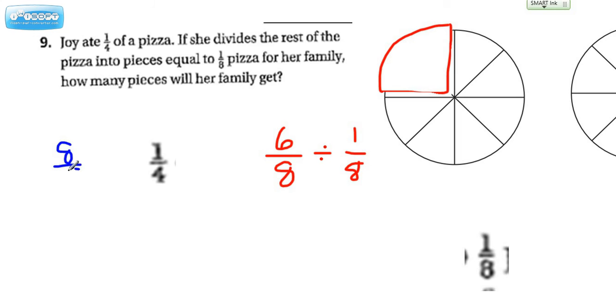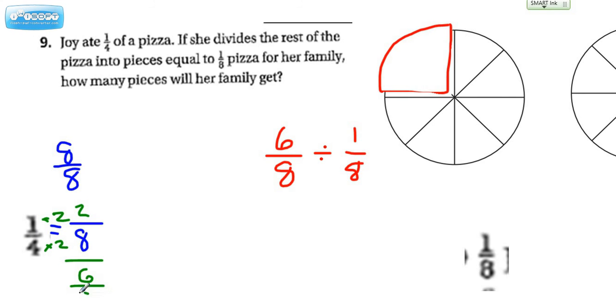And if we're taking away 1/4 of a piece of pizza from that, 1/4 is equal to a certain number of eighths. To get that, 4 times 2 would be 8, 1 times 2 would be 2, so 2/8 is equal to 1/4. 8/8 minus 2/8 is 6/8. So that's where that number comes from.